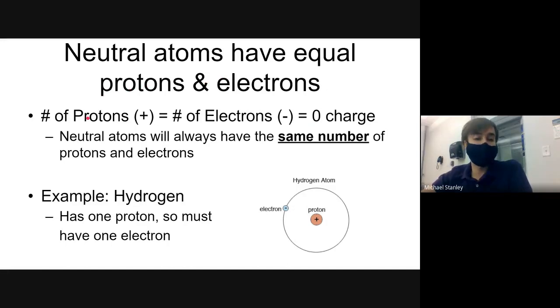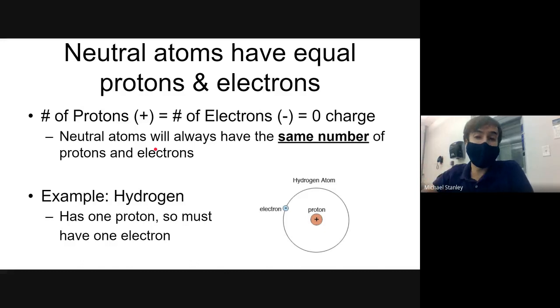So if our protons are positive and our electrons are negative, then that means that we need an equal number of them in order to balance each other out, right? We can't have too many positive. We can't have too many negative. They have to be equal. They have to be the same.